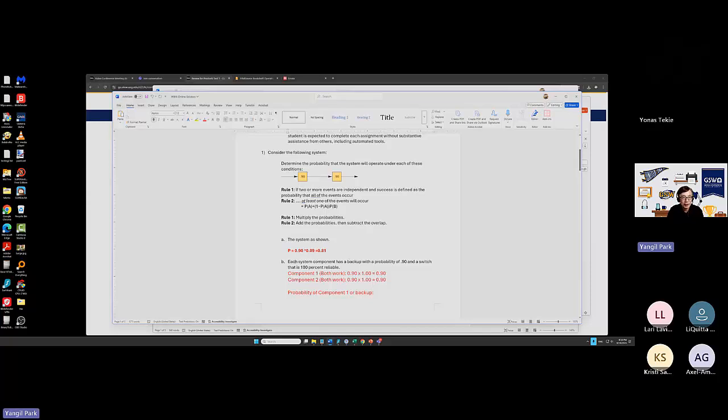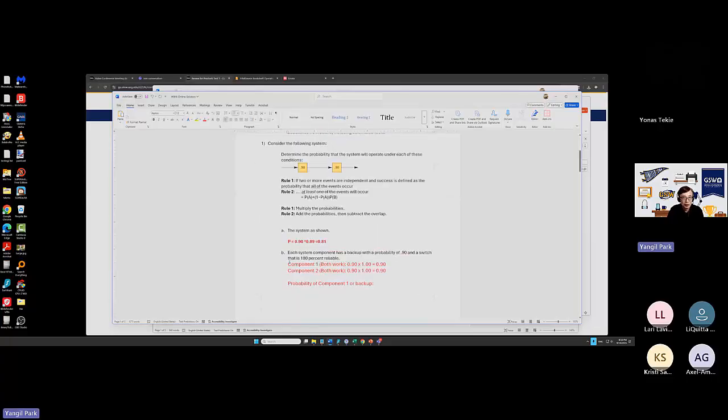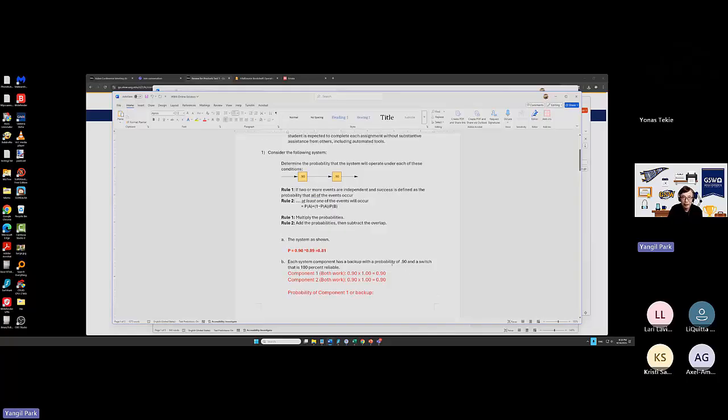Then B is the question that we need to answer more carefully, B and C. Each system component has a backup, just in case. The backup has 0.9 probability of reliability. Then there is a switch that is 100% reliable.